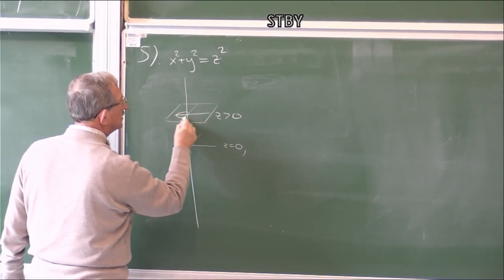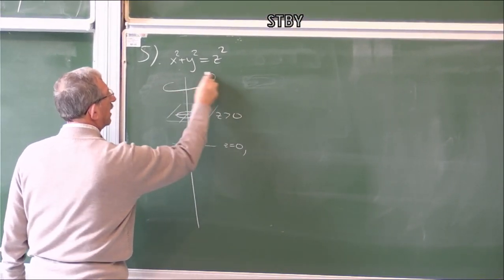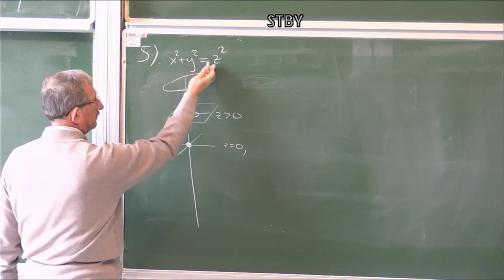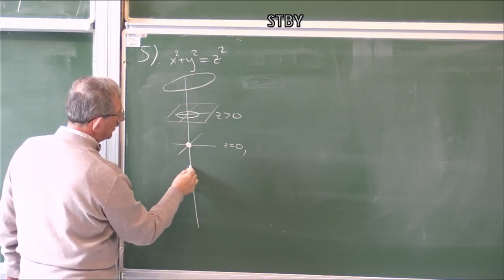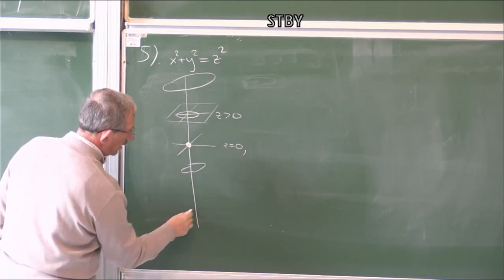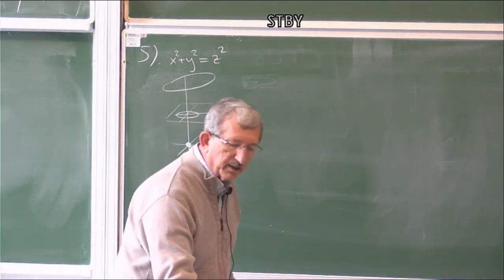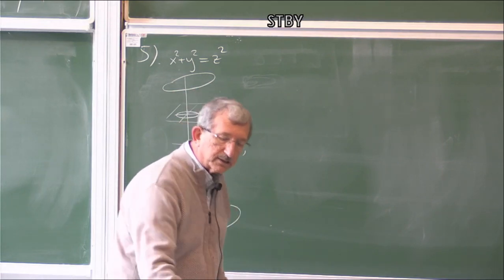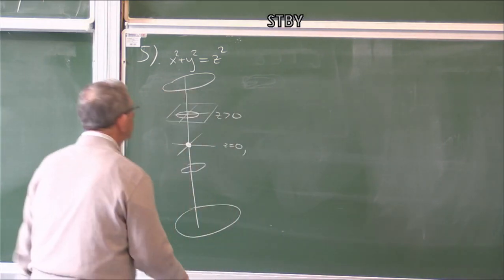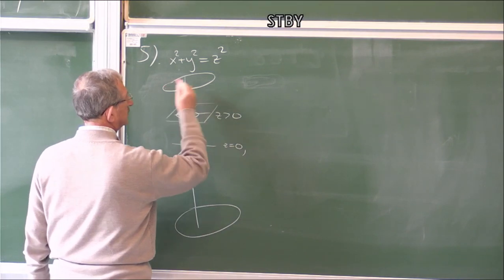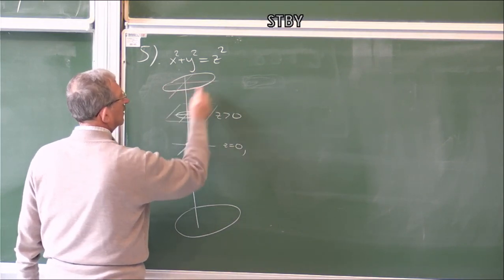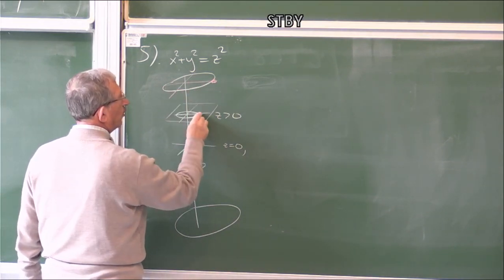The argument is the same. The circles get larger, and because of the square, they are symmetric, and at the bottom they get larger as well. So the whole thing, as in the hyperboloid cases, is in determining what happens at these points.